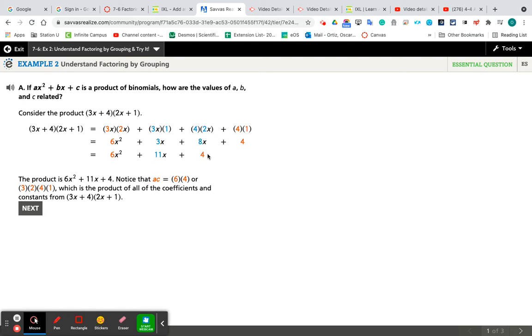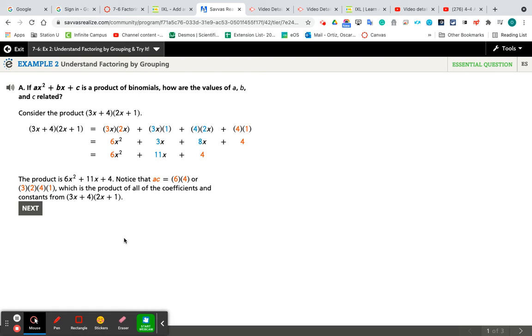So please see that the product is AC. That means the two constants, in this case, 6 and 4. Sorry, when you multiply those two, 6 and 4, you get an answer of 24. It's the multiplication of those coefficients 3, 2, 4, and 1.